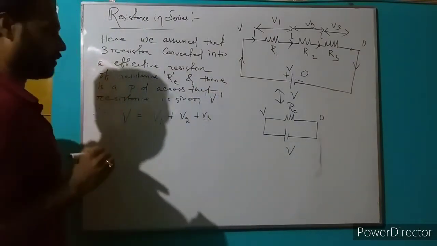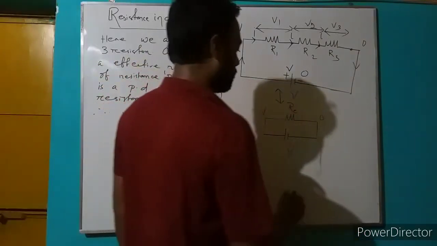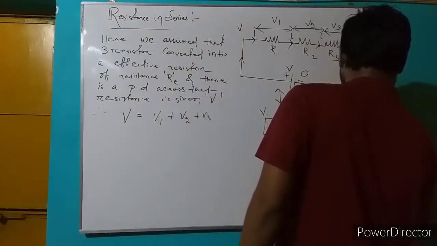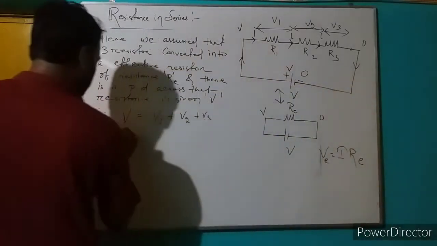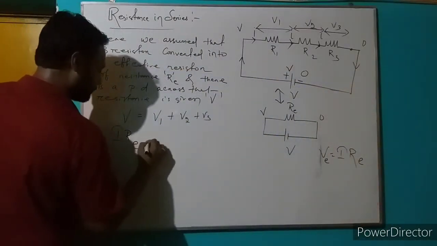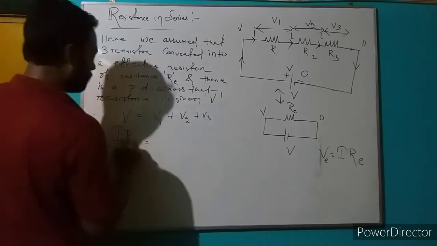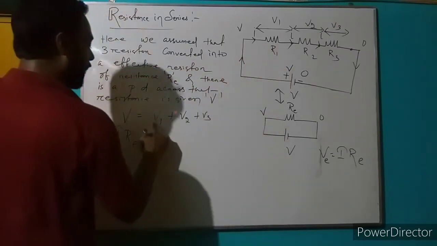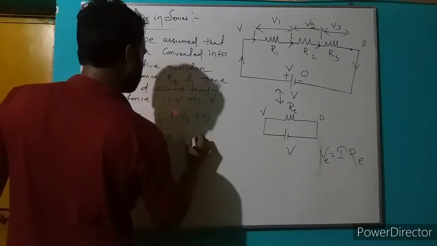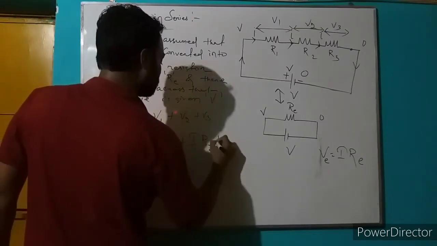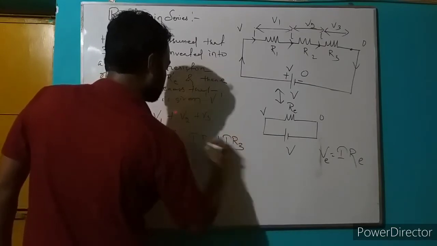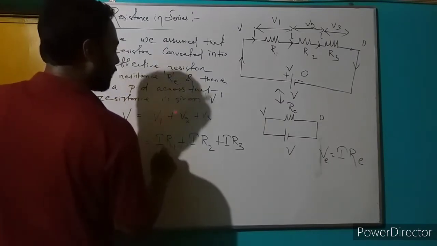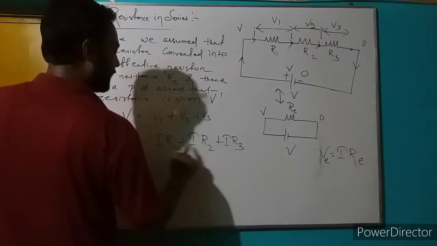So according to Ohm's law, V equals IR. So V effective equals I into R effective. I into R effective equals I into R1 plus I into R2 plus I into R3, because the current remains the same in a series connection.